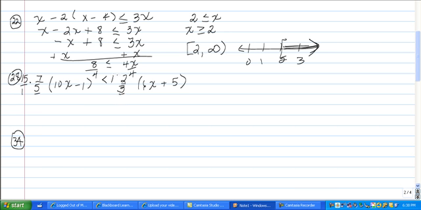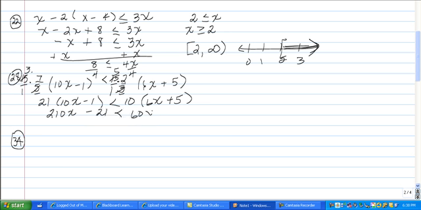So that's going to be a 15. That gives me a 3 here. 3 times 7 would be 21 times our 10x minus 1. And here we're going to get a 5, and 5 times 2 is 10 times 6x plus 5. Okay, 210x minus 21 is less than 60x plus 50.